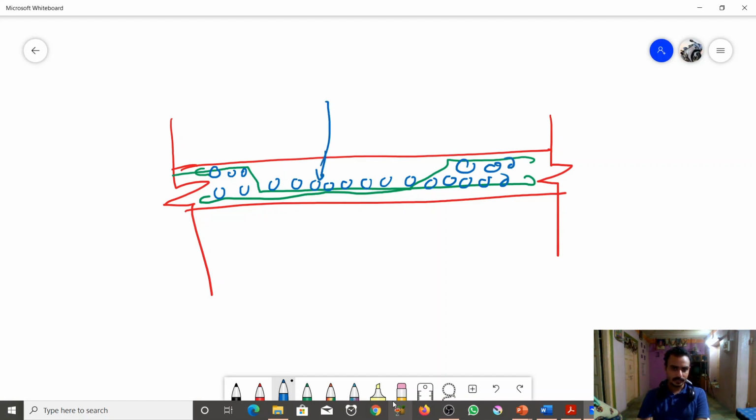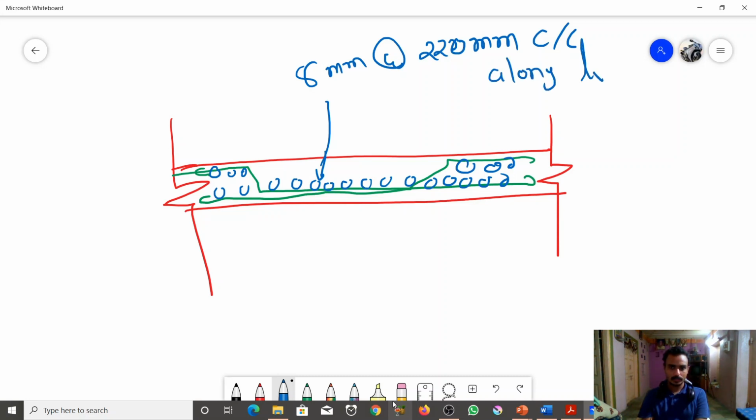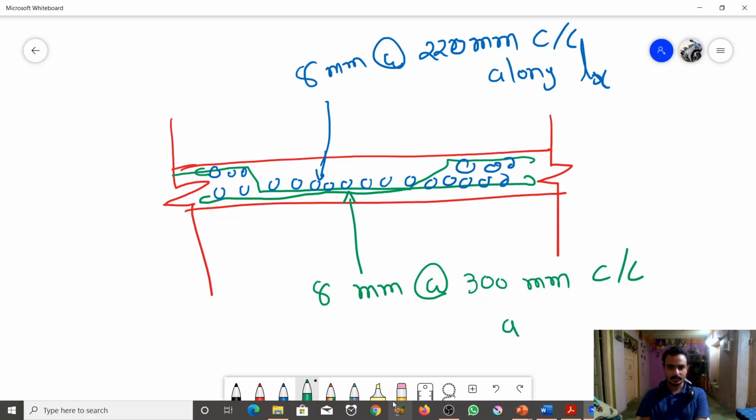So this span has 8 mm diameter bars at 220 mm center to center along Lx, and here 8 mm diameter bars at 300 mm center to center along Ly.